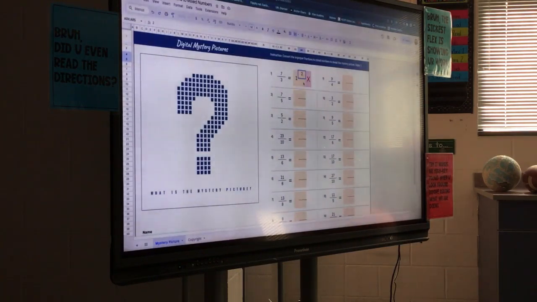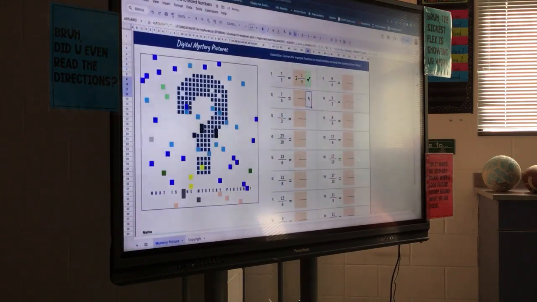So we showed our work for this question. So now I'm going to go back and I'm going to put in the right answer, 2 1/3. Okay? And if I click off of it, I get a green check mark and it displays some of my picture. Does that make sense?